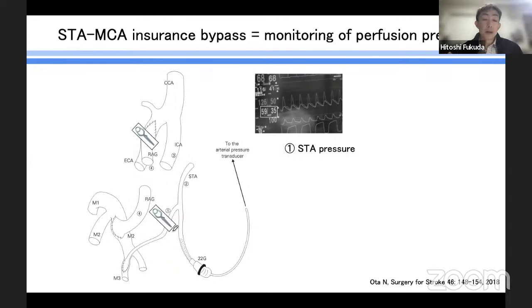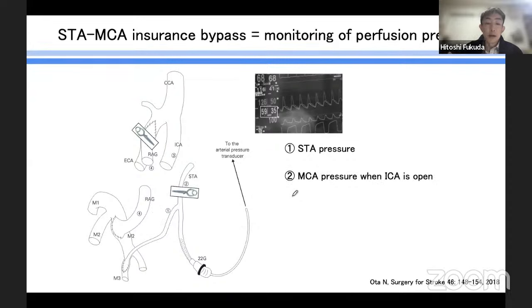And then first, when we clamp this STA frontal branch, the transducer shows the STA pressure. So we can check this transducer is working. And then the main trunk of STA is clamped. So now we know the MCA pressure when ICA is open and graft is closed.